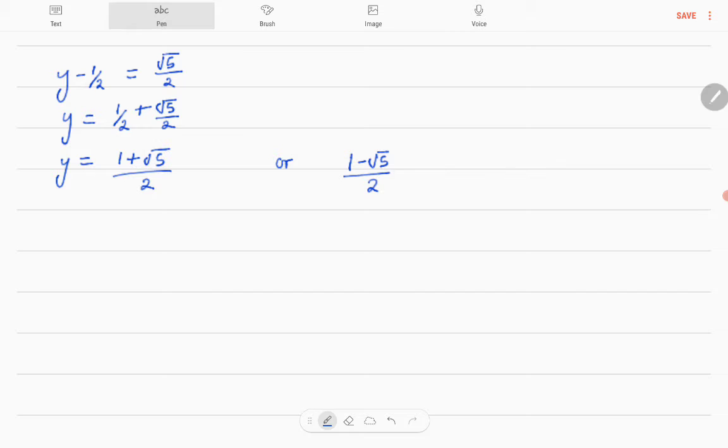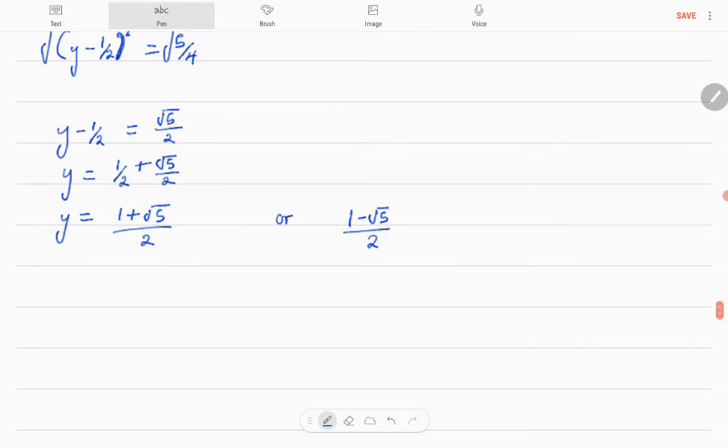And of course, we need to get our roots, the roots of y, when ay squared plus by plus c is greater than or equals to 0.